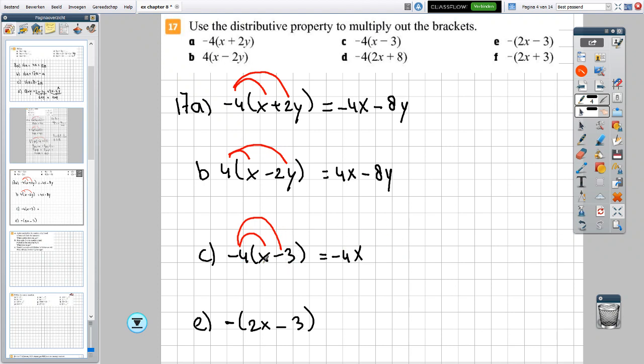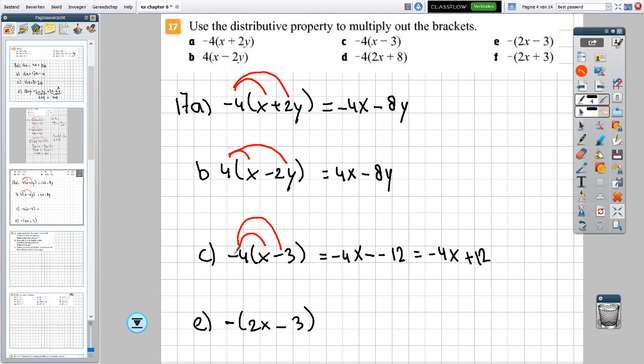Some people say no, copy this minus sign and then do, so you get this minus, because there's a minus here, -4 times 3 is -12, and then you have to say, well, that's the same as -4x plus 12, right?